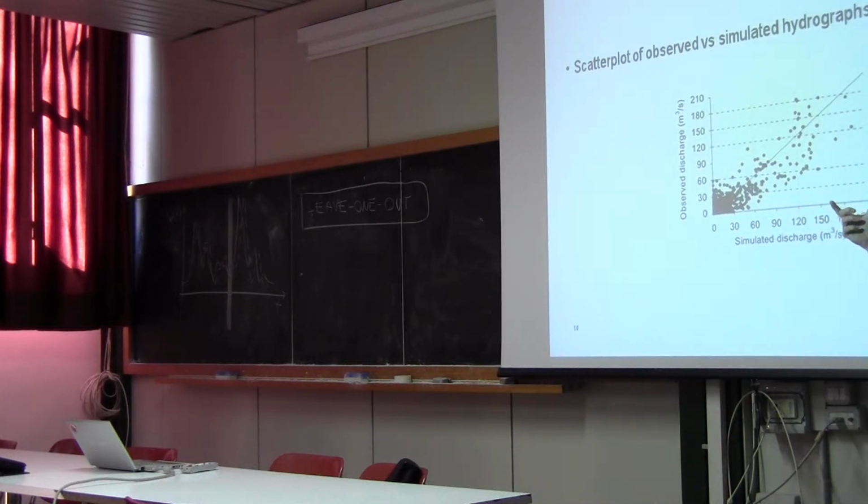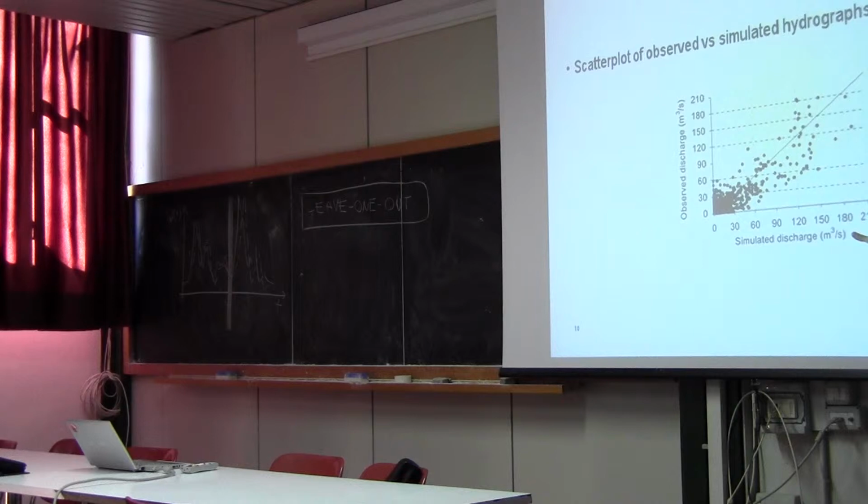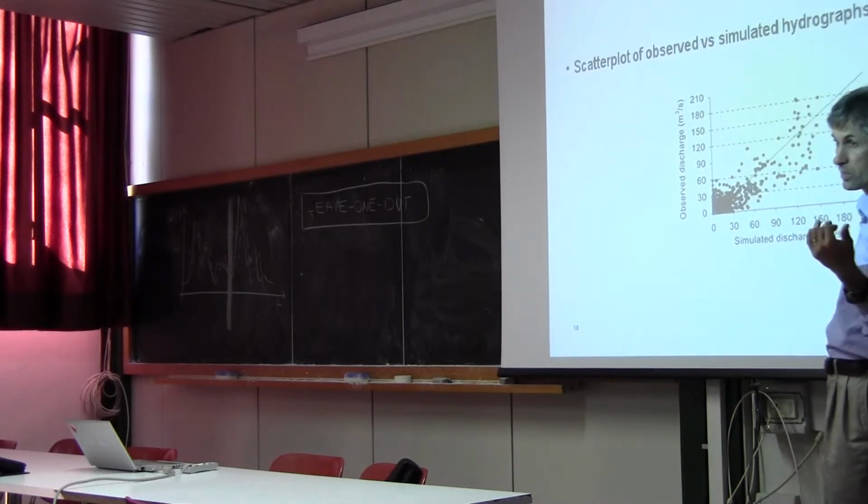This graph is very useful. First of all, you have to use the same scale, meaning the same maximum number for both axes. And if you do so, a perfect simulation is given by the 1-to-1 line, the line with slope equal to 45 degrees.